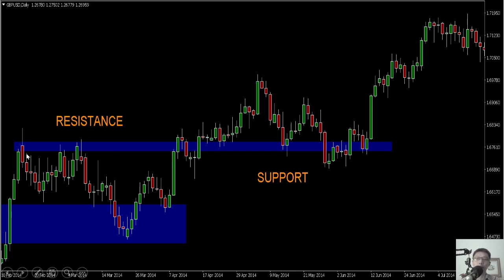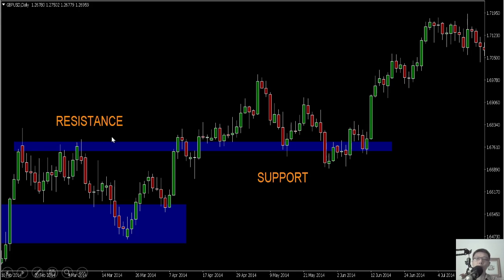It's a resistance. Price cannot go higher. Buyers try to push the price at this level and then fall. Sellers take control, and then buyers come in and break this resistance level until this level.